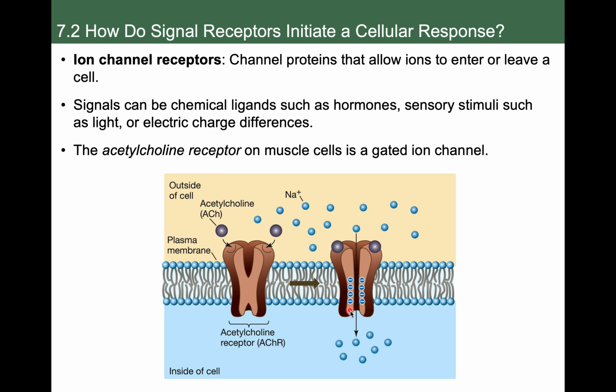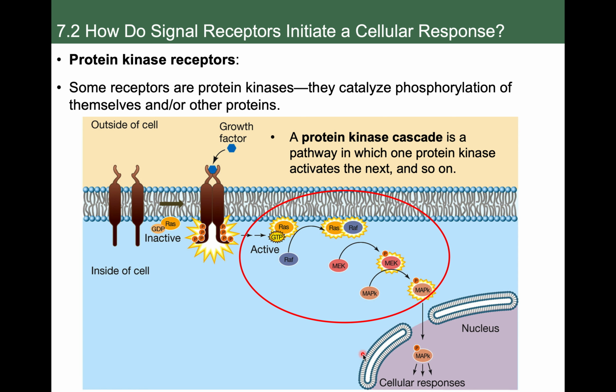Acetylcholine binds, the channel opens, these sodium ions that are more concentrated outside the cell now flow into the muscle cell, and now that's going to trigger changes in the muscle cell that are going to lead to that contraction. So this big class, there's lots of different examples of ion channel receptors.